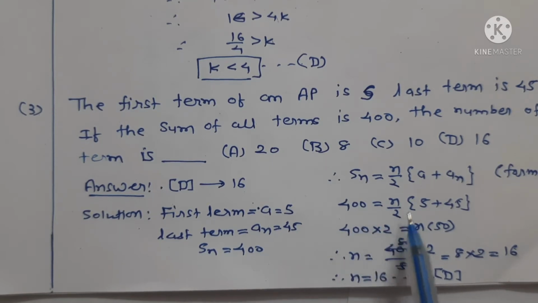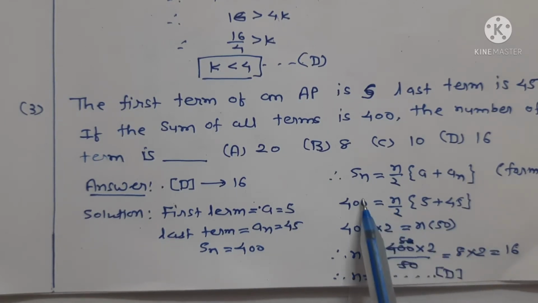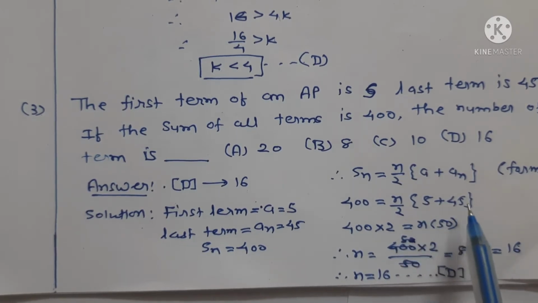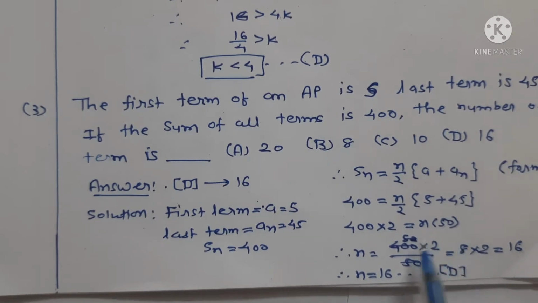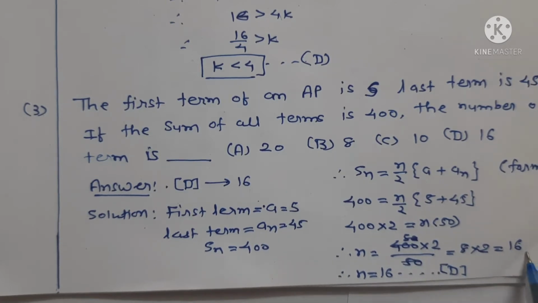Putting the values a equal to 5, an equal to 45: 400 into 2 cross multiplication equal to n into 45 plus 5, which is 50. So n equal to 400 into 2 upon 50, 8 times 2 is 16. 16 is the answer. Therefore the number of terms equal to 16. So here D is the answer.